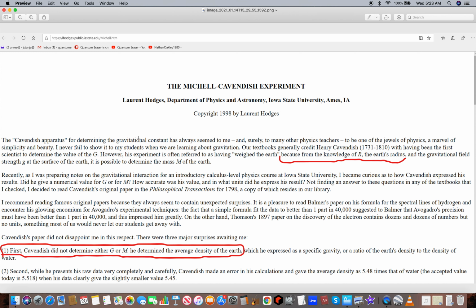So Cavendish was not attempting to prove gravity, a force of gravity between masses or anything like that. He wasn't attempting to do any of that, and he didn't do any of that. He was trying to determine the average density of the Earth, not calculate the universal Big G gravitational constant. He wasn't doing any of that.